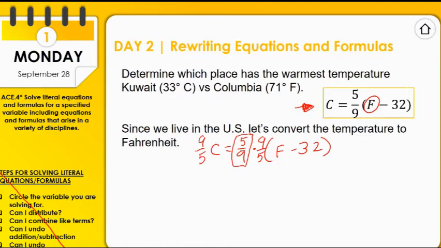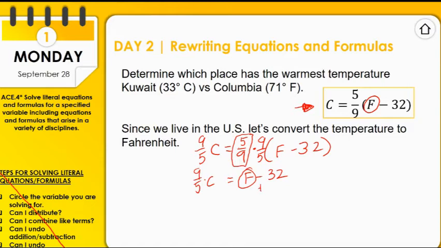When I do so, 5 over 9 times 9 over 5 becomes 1. So I bring down Fahrenheit minus 32. 9/5 Celsius, I bring down. So now, I'm still looking to solve for F. So I have F minus 32.